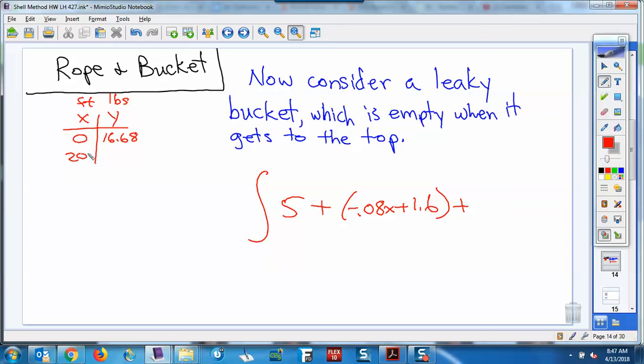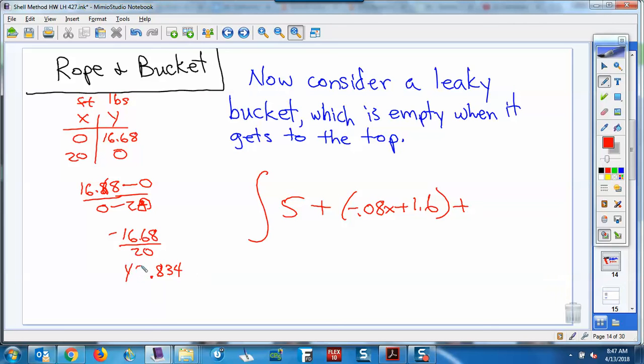16.68. When there's 20 feet of rope pulled up, 0. So again, do a slope calculation: 16.68 minus 0, and then 0 minus 20, right? Yeah, that's your slope. So 16.68 over 20, so that would be, what, 8.34, so 0.834.